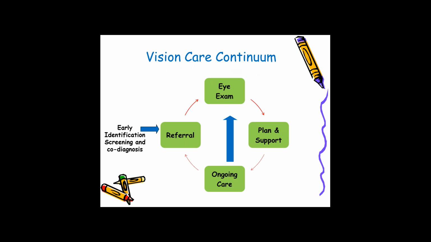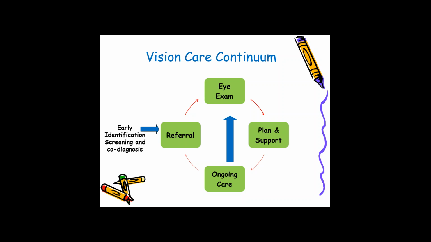When I look at this slide, I look at a vision care continuum. And vision screening is often the entry point into this vision care continuum. So a vision program involves a complete spectrum of care, and this includes screening, comprehensive care, treatment, which may be, as Bruce said, eyeglasses or patching, lots of education, and then plan and support that requires good communication with the network of advocates that a child has in order for the treatment to be more successful.